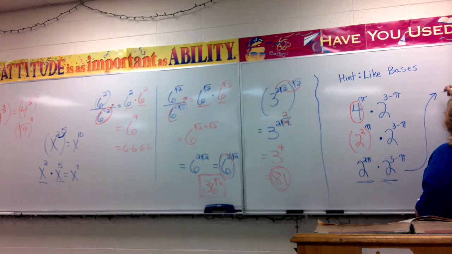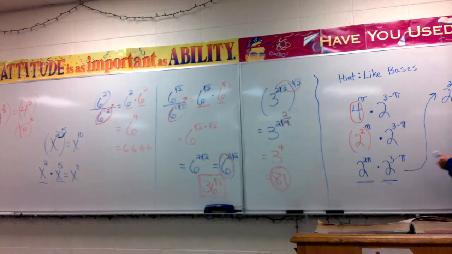So I'm going to take the 2 to the 2 pi, and I'm going to add the other exponent, the 3 minus pi. Combine the like terms. Well, what is 2 pi take away pi? 1 pi. And then I got a plus 3.